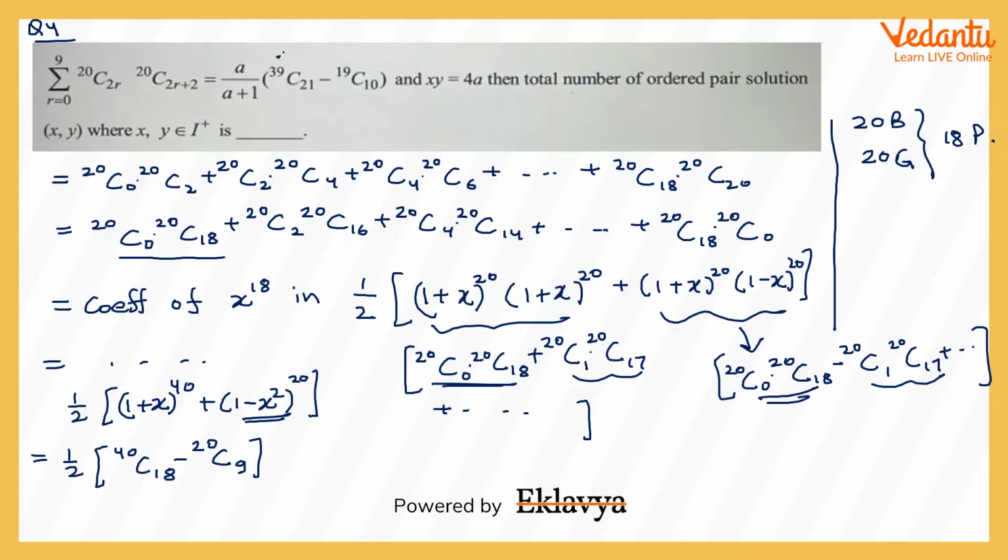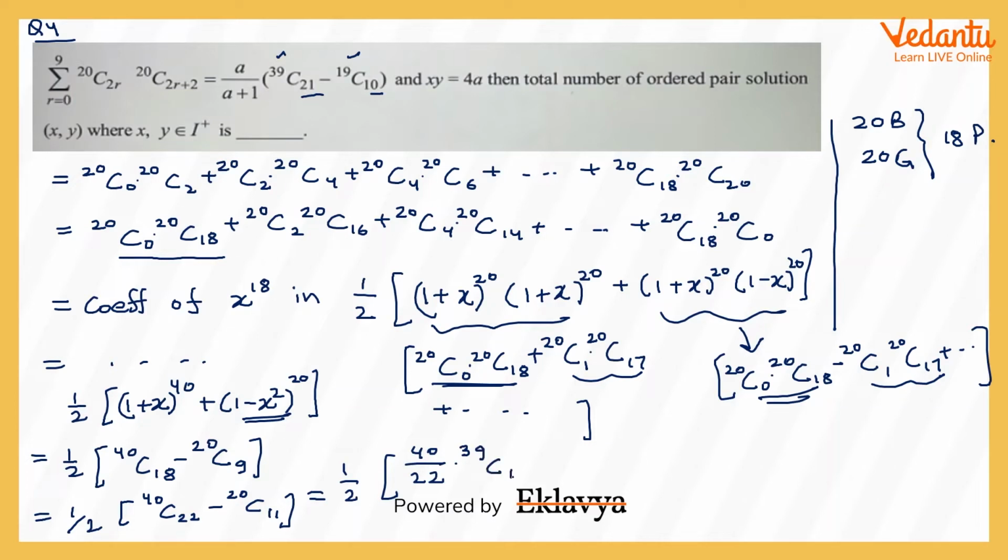But actually they are looking for 39 and 19, that too with 21 and 10. It can be done if I write this as 1 by 2 here, 40C22 I can write, and 20C11 I can write, and then I will take 40 by 22 common from the first one, and then it will be 39C21, and here I will take 20 upon 11 common, then it will be 19C10 here.